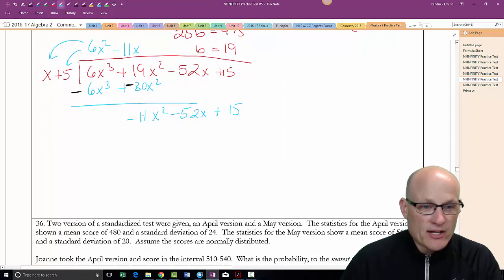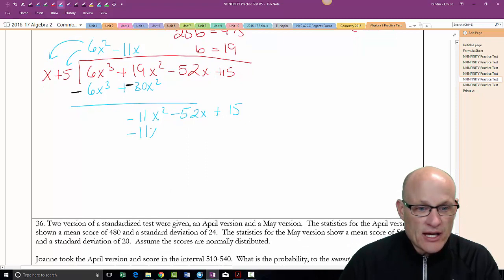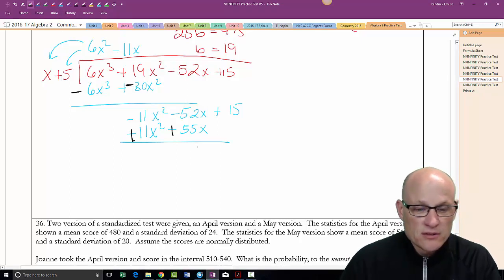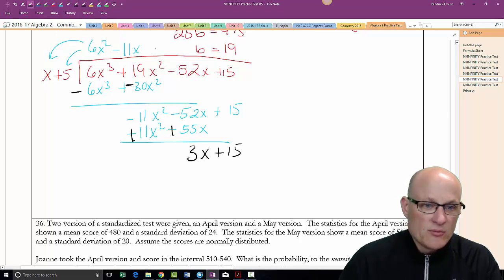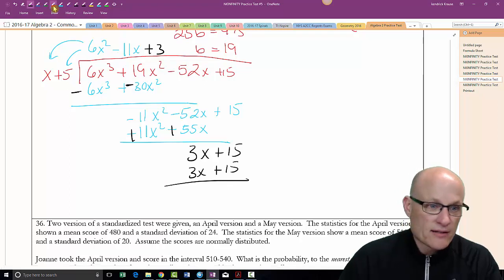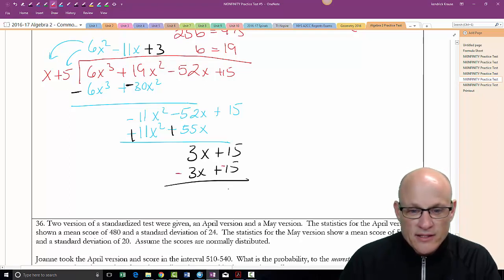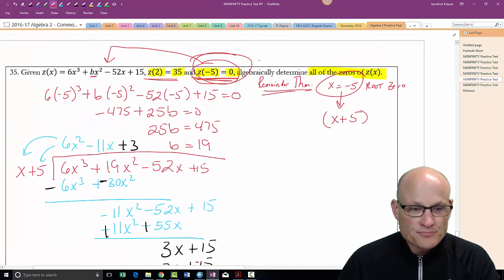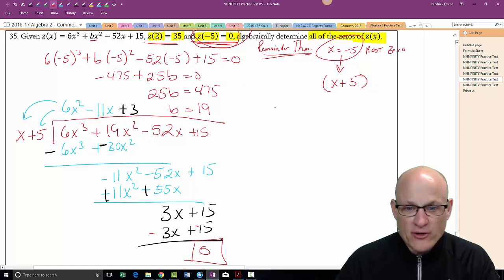So negative 11x times both of those is negative 11x squared minus 55x. Subtract. This gives me 3x plus 15, so plus 3. 3 times x is 3x. 3 times 5 is 15. Subtract. Now, if you don't get 0 here, we've got other issues. So now I've got this polynomial, 6x squared minus 11x plus 3.